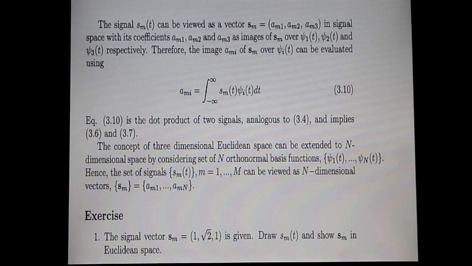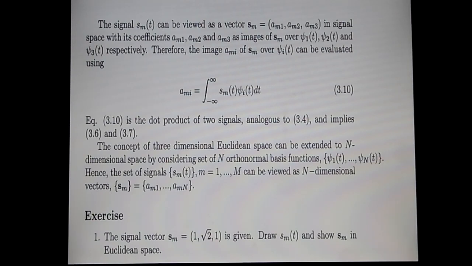Just like we represent xy coordinates in two-dimensional space, because we have three-dimensional space now, we have three components x, y and z. So am1, am2 and am3, you have three components here.